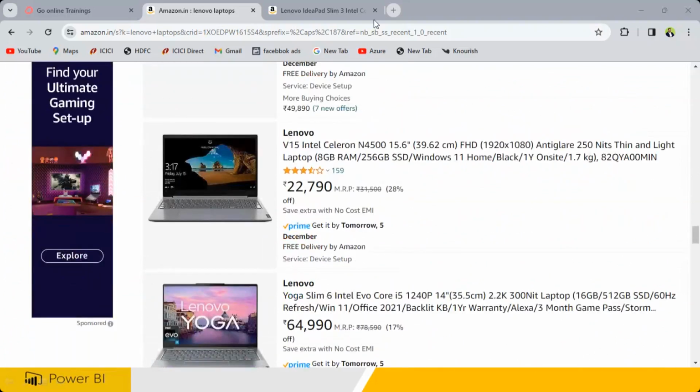Don't go beyond that, and never, never buy Celeron laptops. Never buy Intel Celeron. These are very, very dangerous laptops. They are for kids, not for software engineers. Never buy this kind of Celeron laptop. The processor is a Celeron. So that is what.